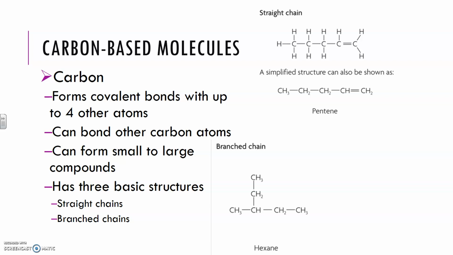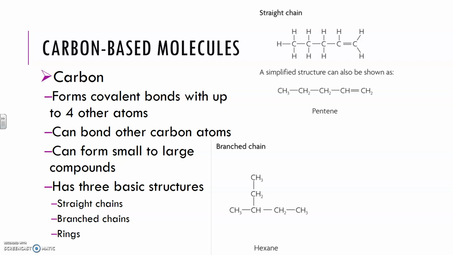So if they're storing sugars or if they're storing energy or something like that in the form of a compound, you will see a lot of branches usually. It's best for using up the space in the most efficient way. It packs everything in a lot closer than if you just had straight chains.